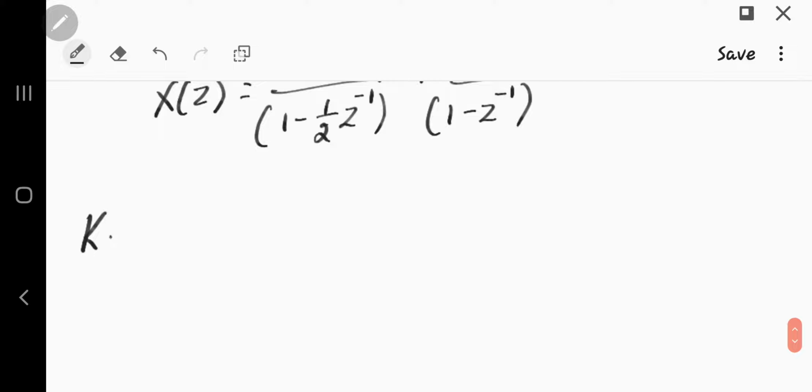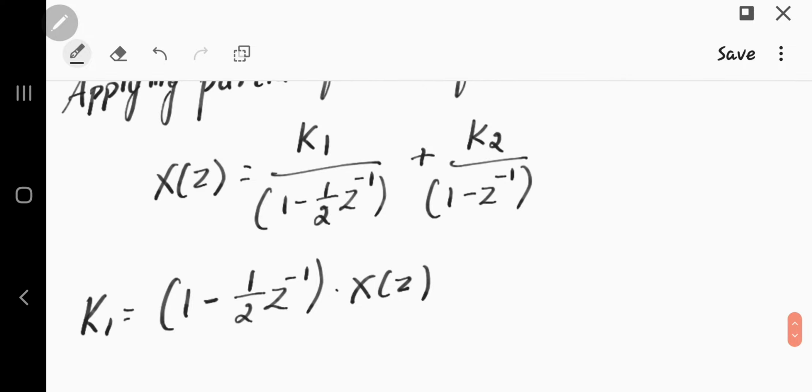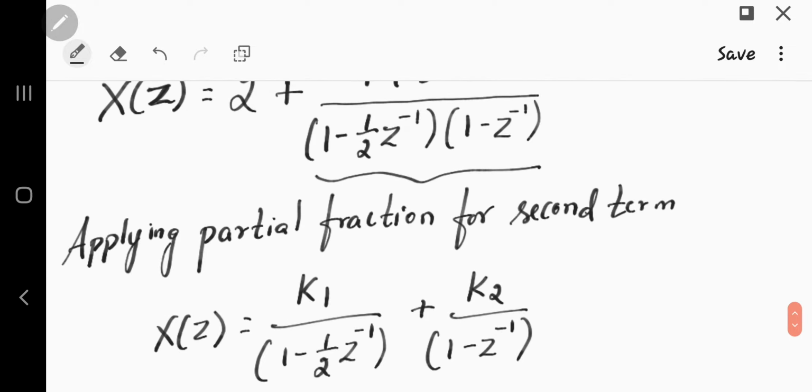Now to find k1, first we'll write the denominator of that, 1 minus 1 by 2 z inverse, into X of z. When it says X of z, you have to consider this term, the second term, not the entire term.